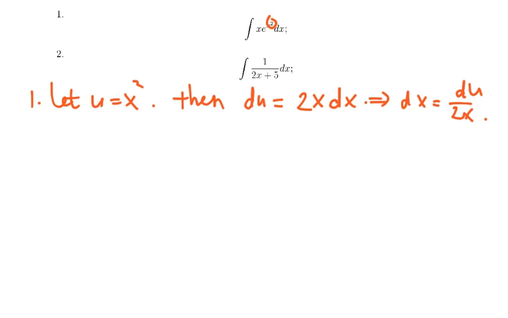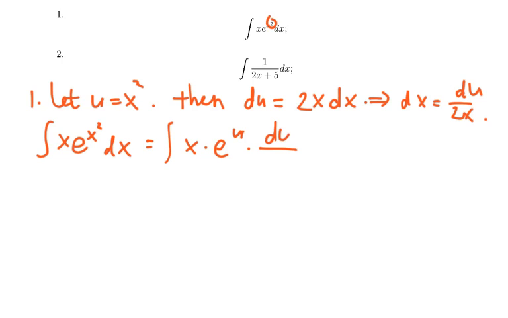Now plug everything into the original integral of x times e to the x squared dx, where we keep x, but x squared is equal to u. We have x times e to the u times dx, but dx now is equal to du over 2x.